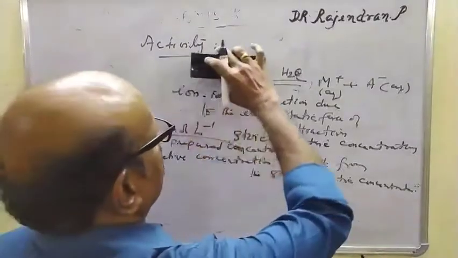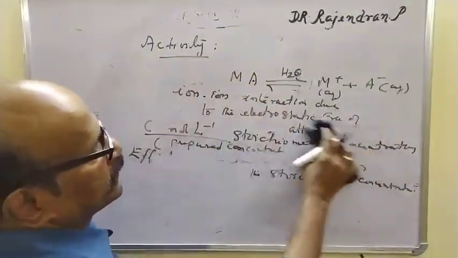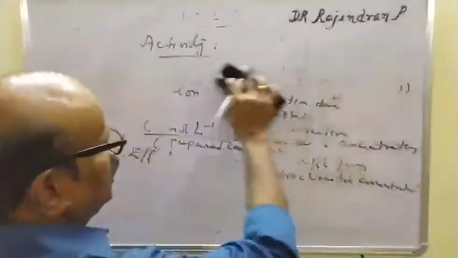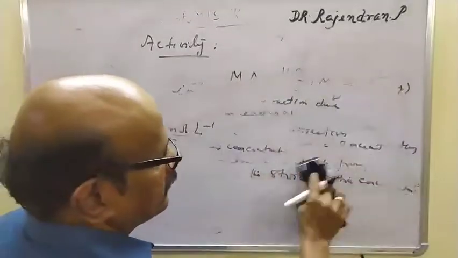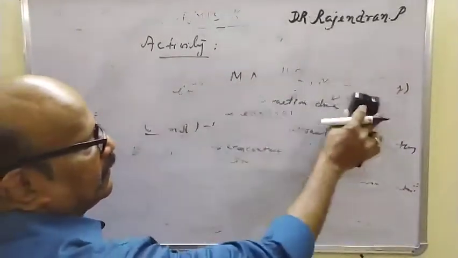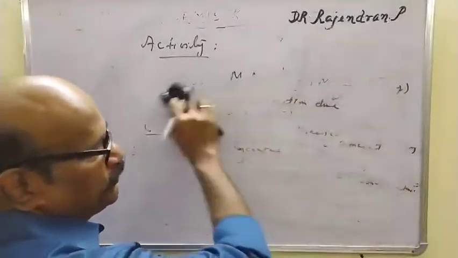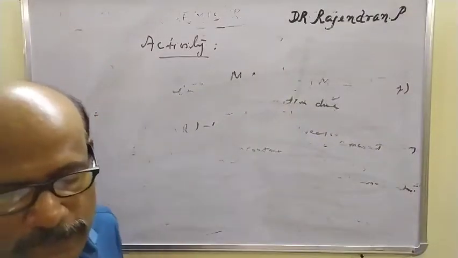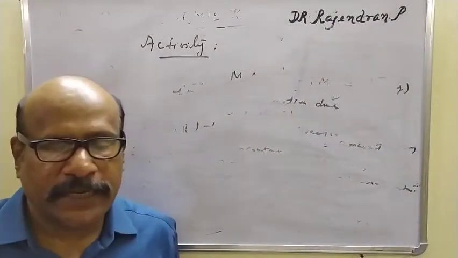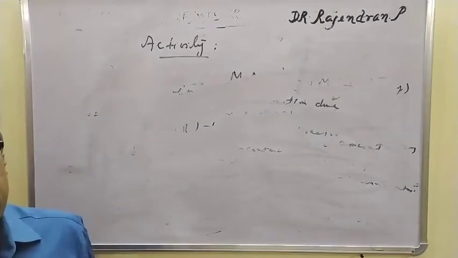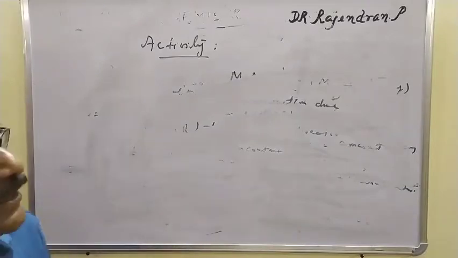So what is activity? The activity of an electrolyte is defined as the modified or effective concentration of an electrolyte in its aqueous solution that arises due to the ion-ion interaction.